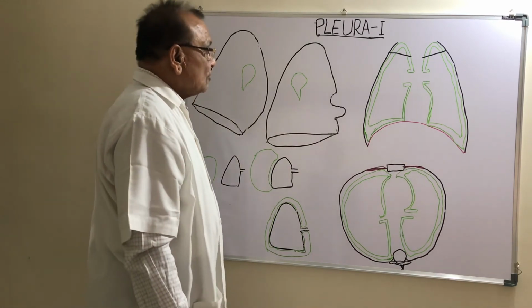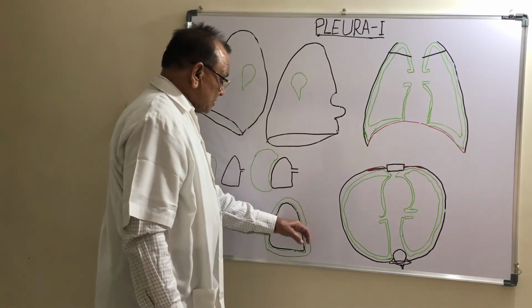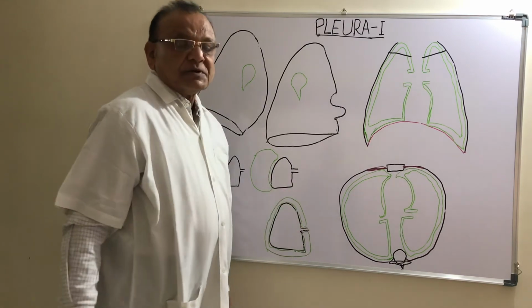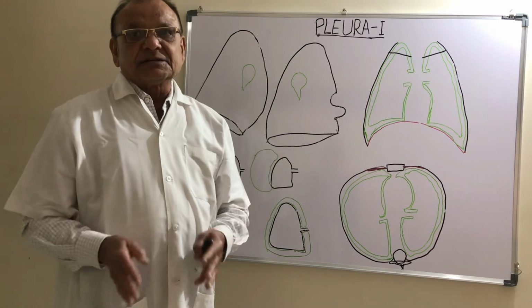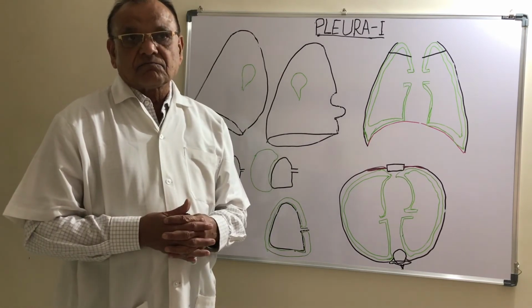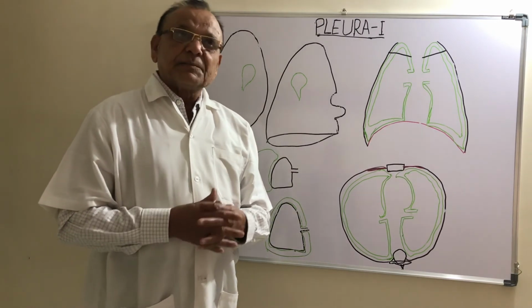So note here, the visceral layer and parietal layer are continuous with one another at the root of the lung. Now, first the visceral pleura. The visceral pleura is in intimate relation with the lung. We can't separate it from the lung.